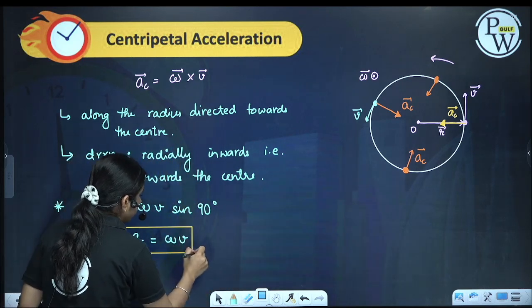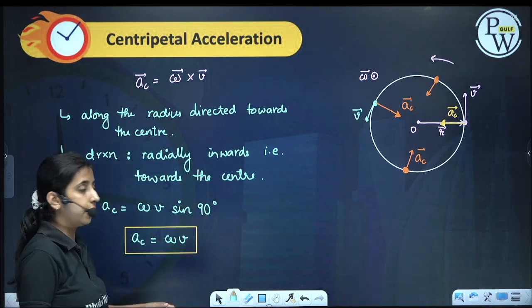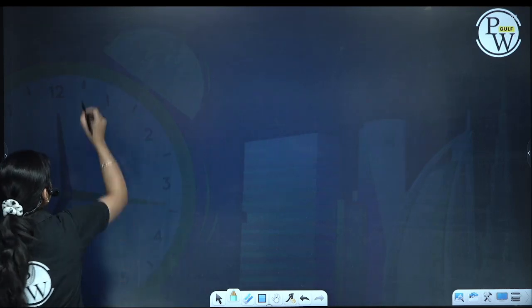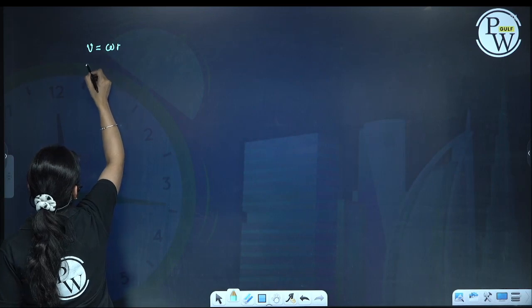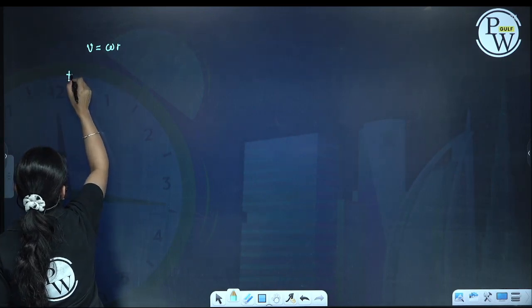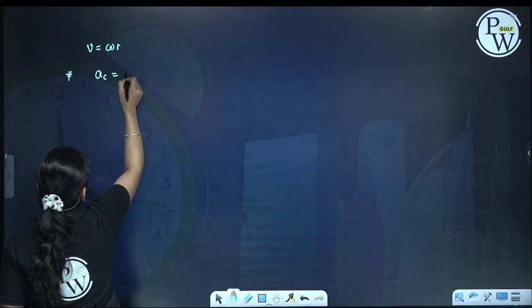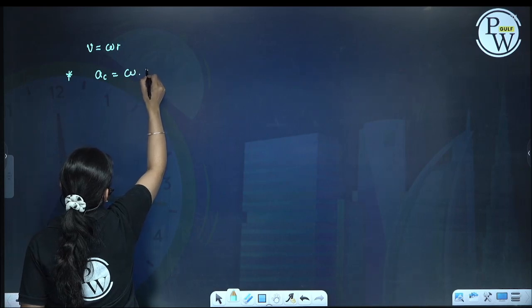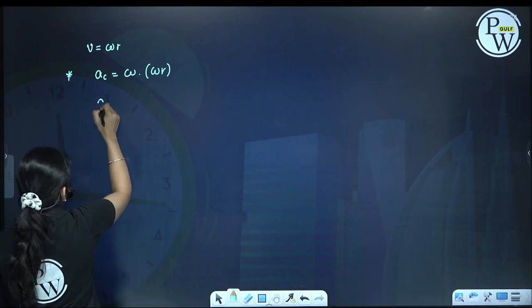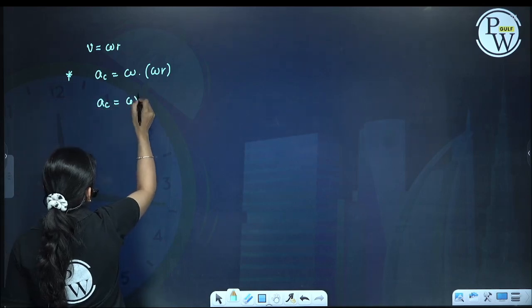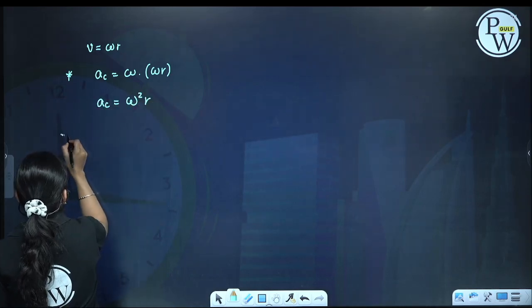Centripetal acceleration will be equal to omega into V. Now we know that V is equal to omega into R. So centripetal acceleration will become omega into omega R. So centripetal acceleration will be omega square R.